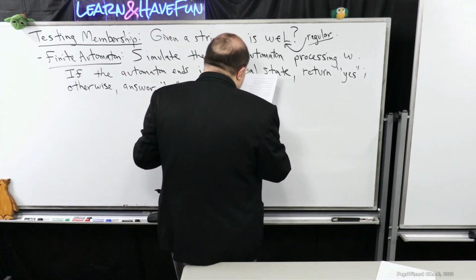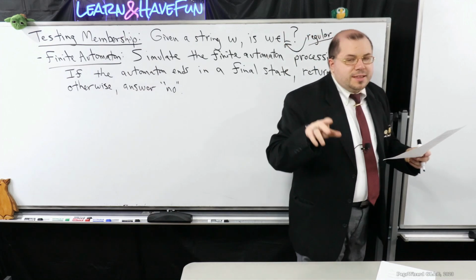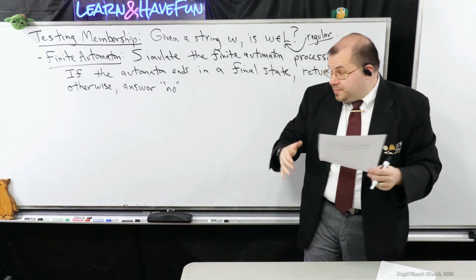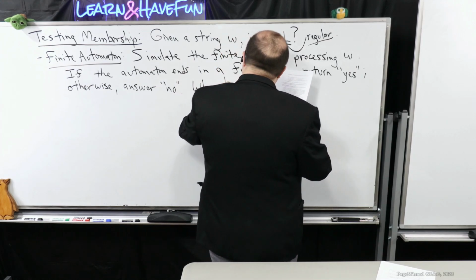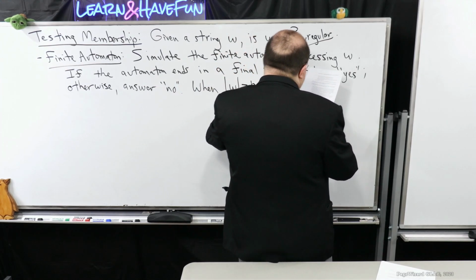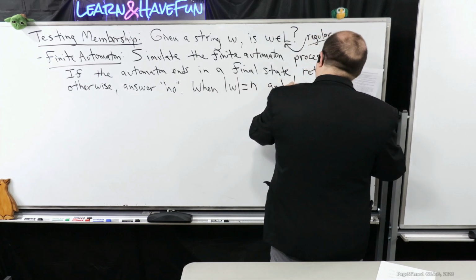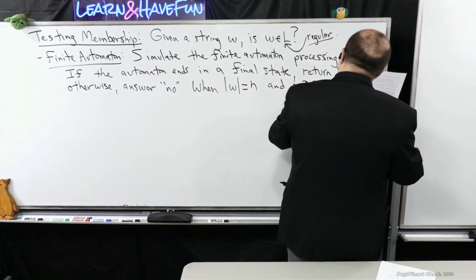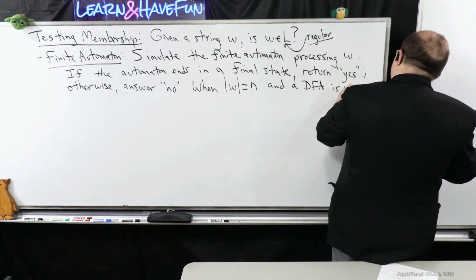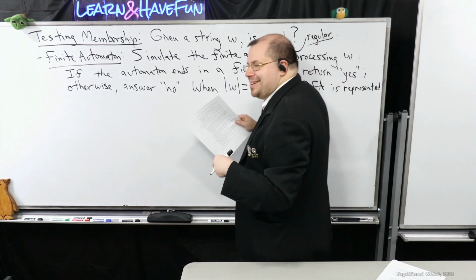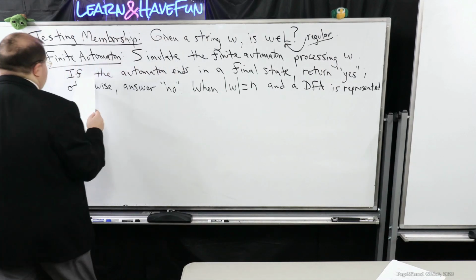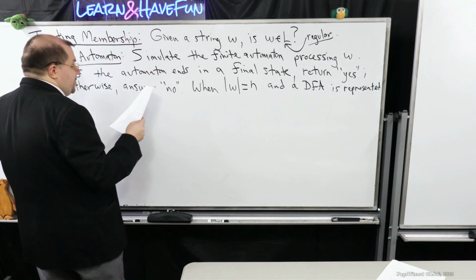Now, suppose that the length of the string was n. When the length of w is equal to n, and a DFA is represented, I must stress that the main ideas here are going to be generally true for finite automata, but other kinds as well.